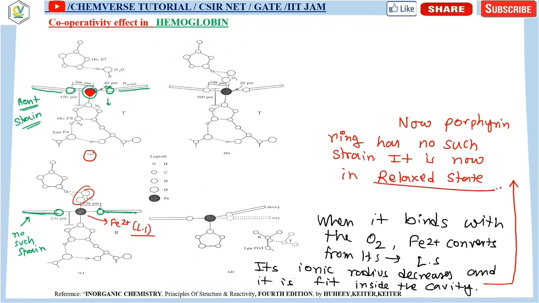Clear? So this is the driving force of the myoglobin to bind with the dioxygen. It basically releases the strain inside the porphyrin ring or the heme group.